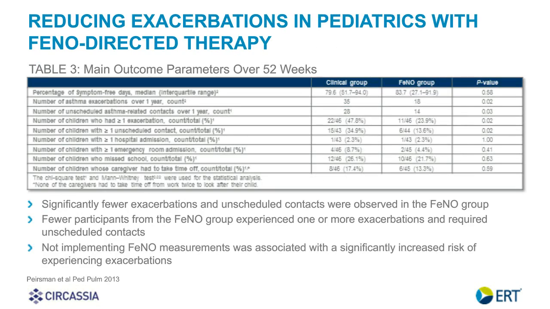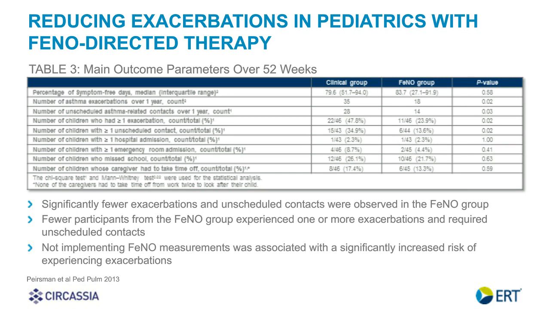Here you can see the outcomes, and if you look on the right-hand side at the p-values, you can pick up the fact that the number of exacerbations over 1 year was significantly different, with 35 occurring in the clinical group and 18 in the FeNO group. Unscheduled asthma visits or contacts over the year were also statistically different, higher in the clinical group, 28 versus 14 in the FeNO group.